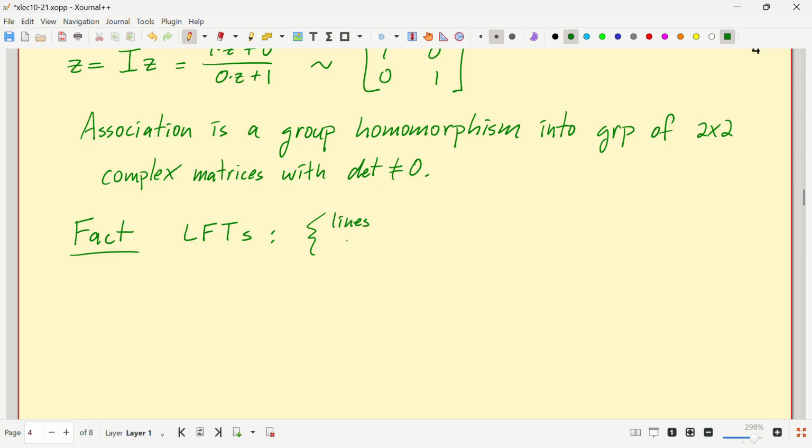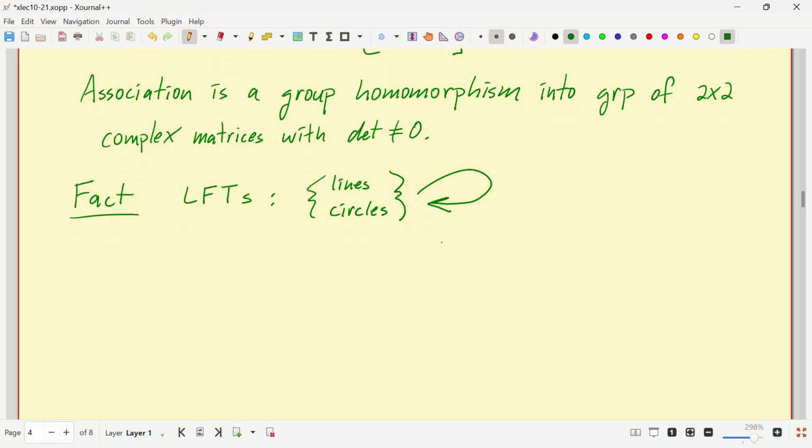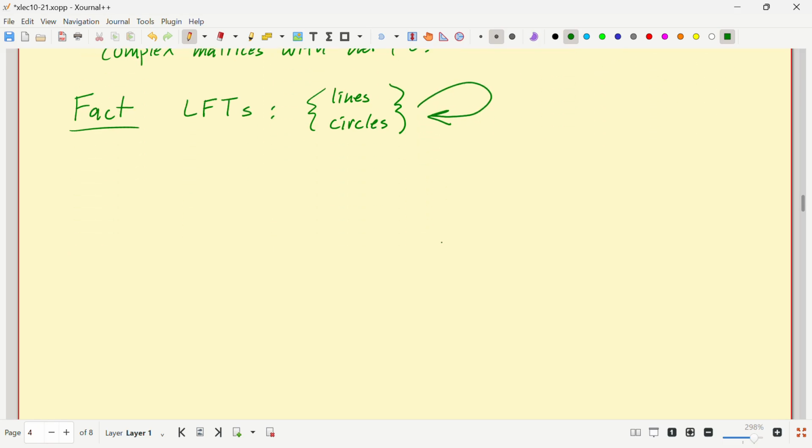They take the set of lines and circles and map them into lines and circles. An interesting thing is sometimes they get jumbled up.